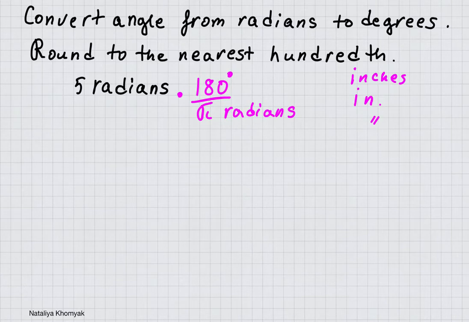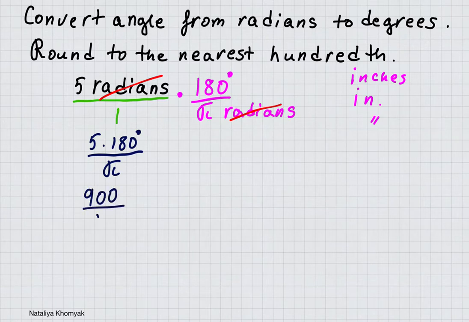So 5 radians is being multiplied by a fraction, so I'm going to put 1 into the denominator just so I remember how to multiply fractions. We multiply numerators together and denominators together, but before I do that, radians cancels out with the radians, and we are left with 5 times 180 degrees divided by 1 times pi, pi in the denominator. 5 times 180 gives us 900 out of pi.